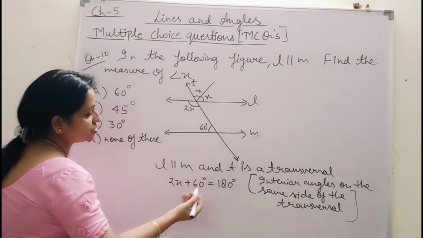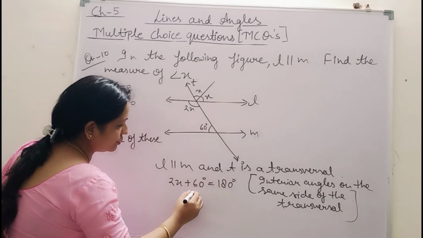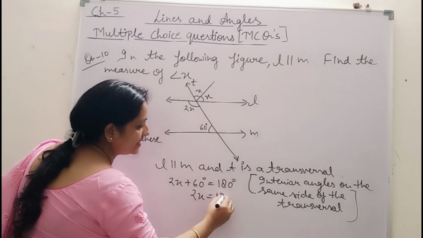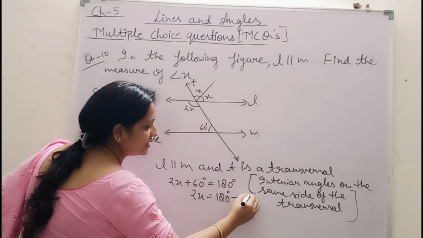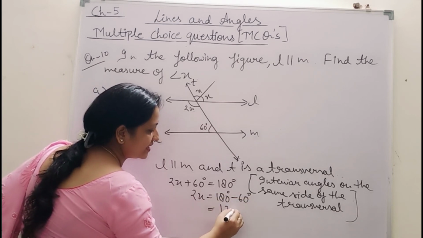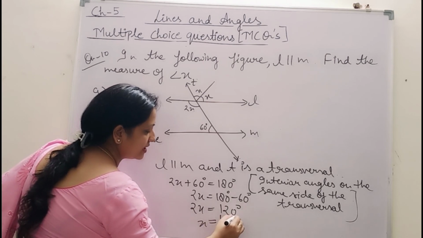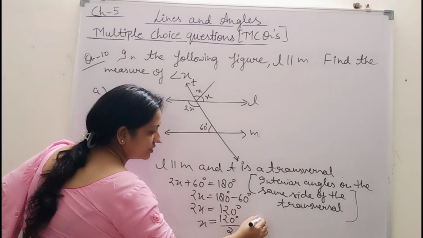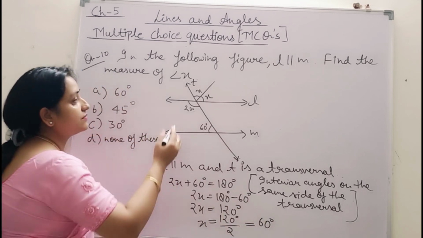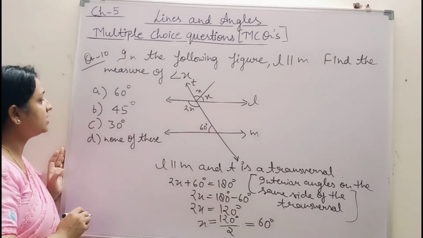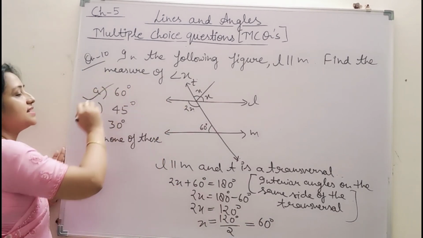So 2x plus 60 is equal to 180. So 2x is equal to 180 degrees minus 60 degrees, which is equal to 120 degrees. So x is equal to 120 degrees upon 2, equal to 60 degrees. So the value of x is equal to 60 degrees. It means your A option is correct.